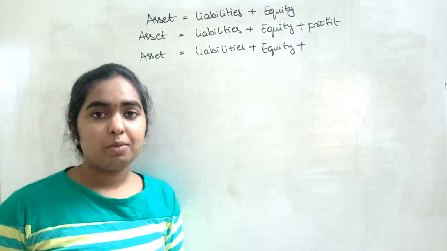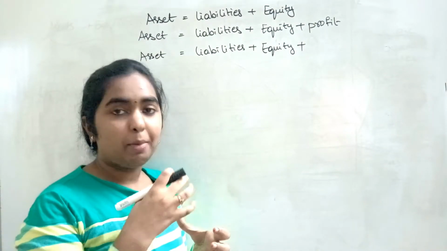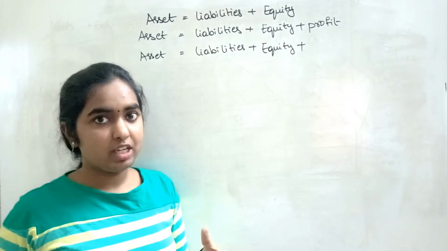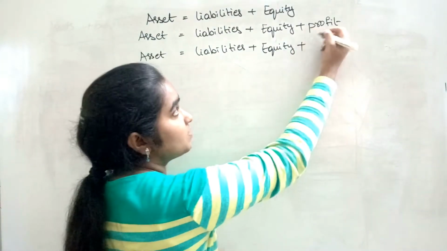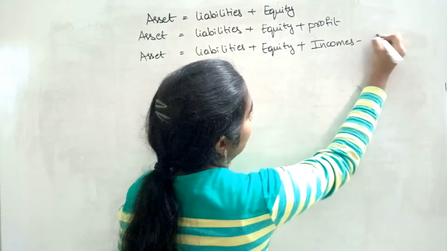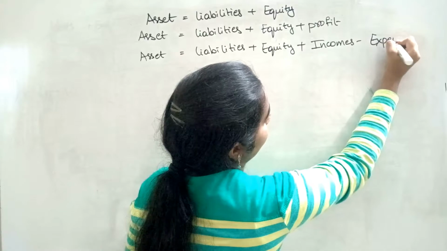Profit means what? Profit is nothing but the amount of revenue which we have earned minus whatever the expenses which we have incurred. So we can write this profit as incomes minus expenses, right?